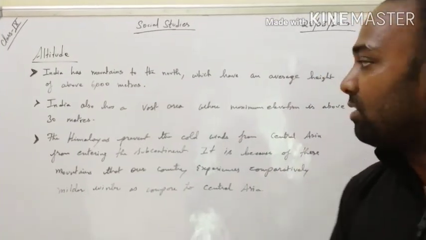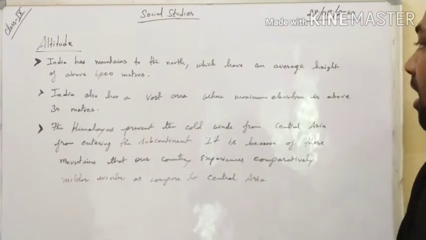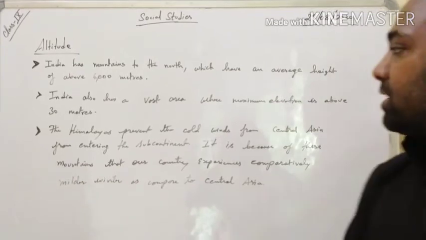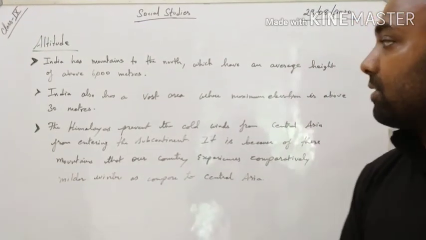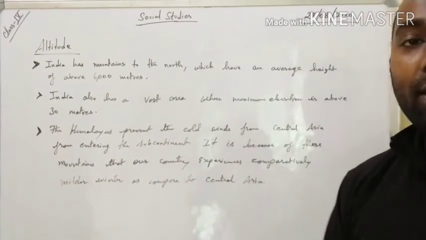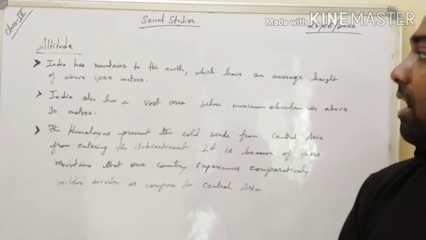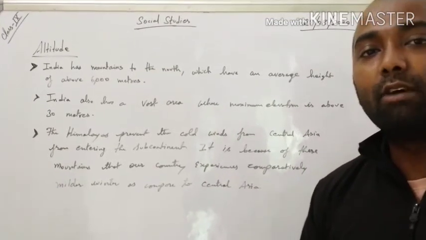There are other small hills also, which have a maximum elevation of about 30 meters. This is the average height of the small hills, whereas the higher hills and mountains have an average height of about 6,000 meters.